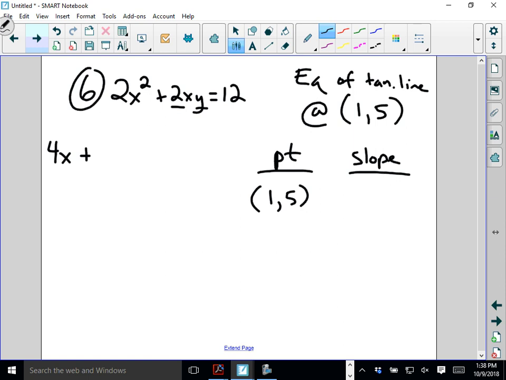So I want to do the derivative of the first, which is 2, times the second, which is y, plus the first, 2x, times the derivative of the second, which is dy dx. Right? The derivative of y is 1, but it's 1 times dy dx equals 0.